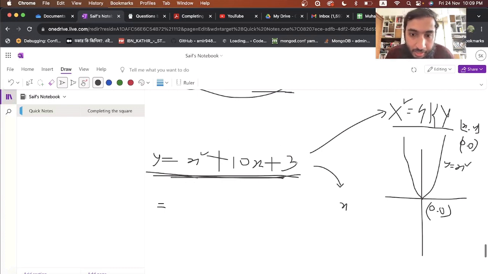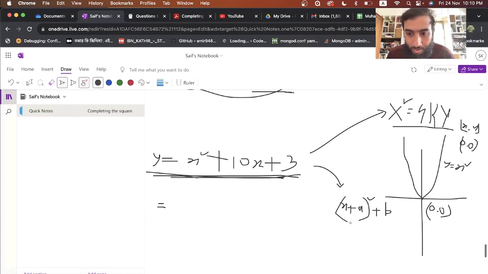I cannot directly change this form into this form. I have to first change it into a form that looks something like x plus a whole square plus b.